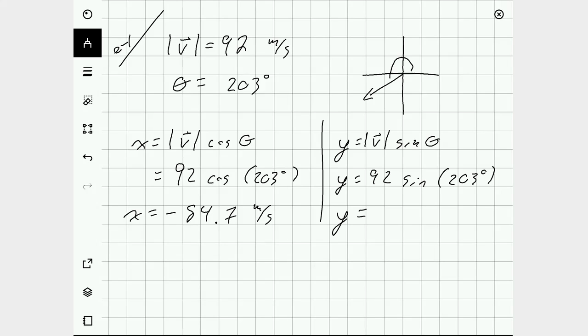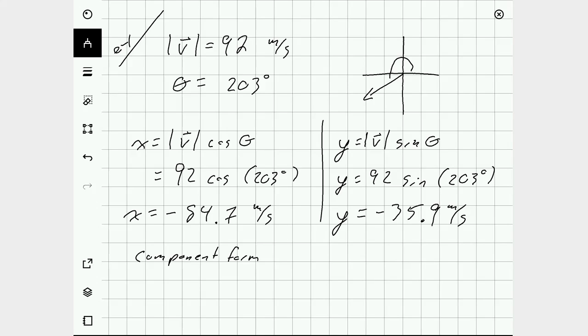And again, making sure my calculator is in degree mode, which I know it was because I just did that for the last one, I can punch those things in, hit calculate, and I get that y is negative 35.9 meters per second. All right, so those are the components of the vector.